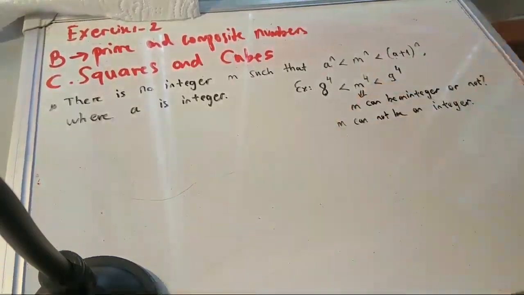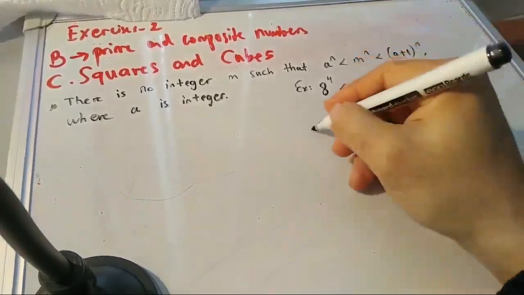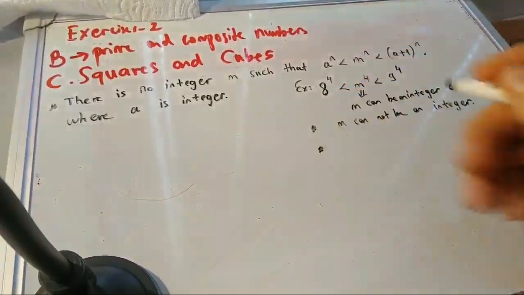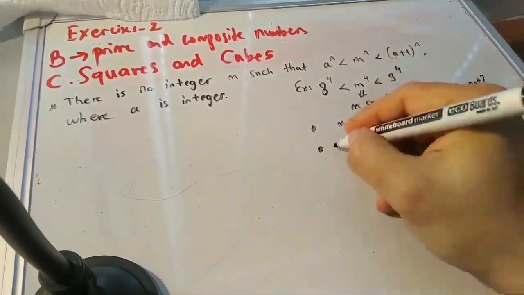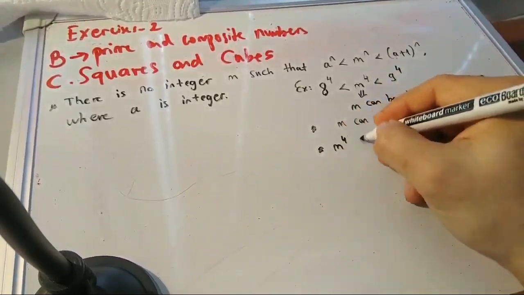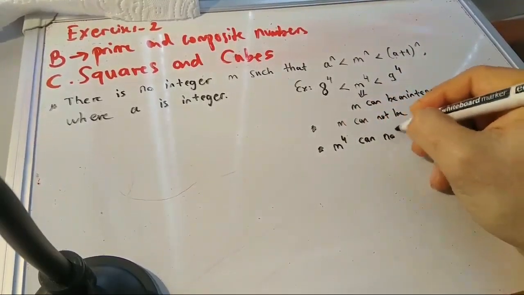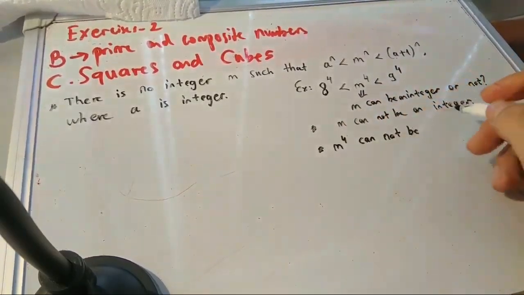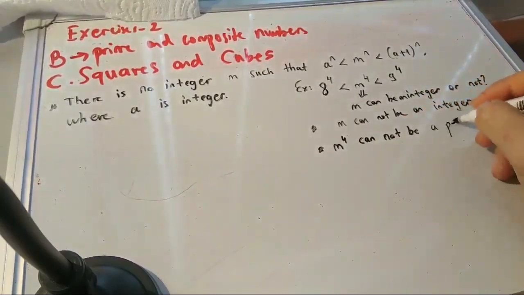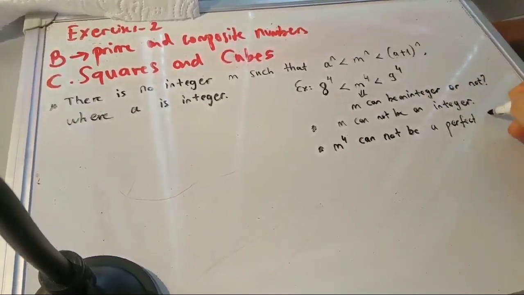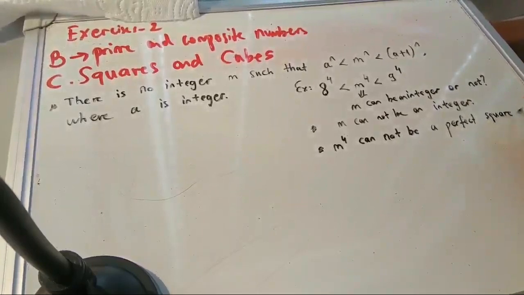If m cannot be an integer, in this case m to the power of 4 cannot be a perfect square.